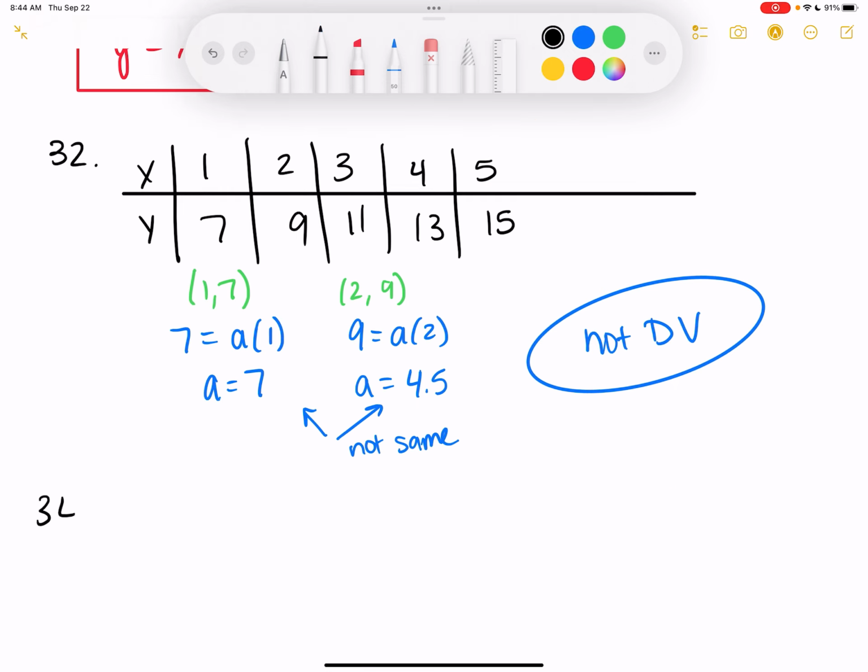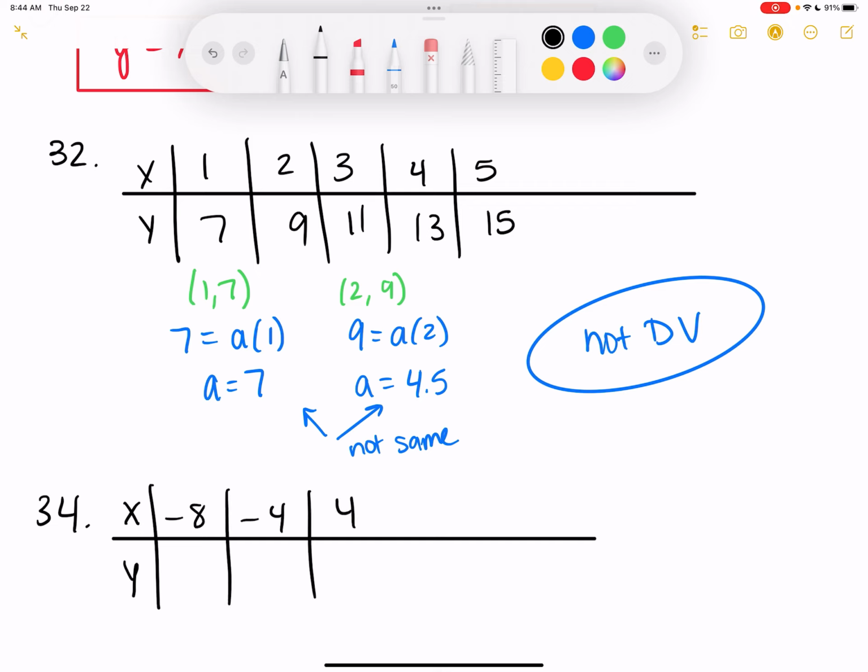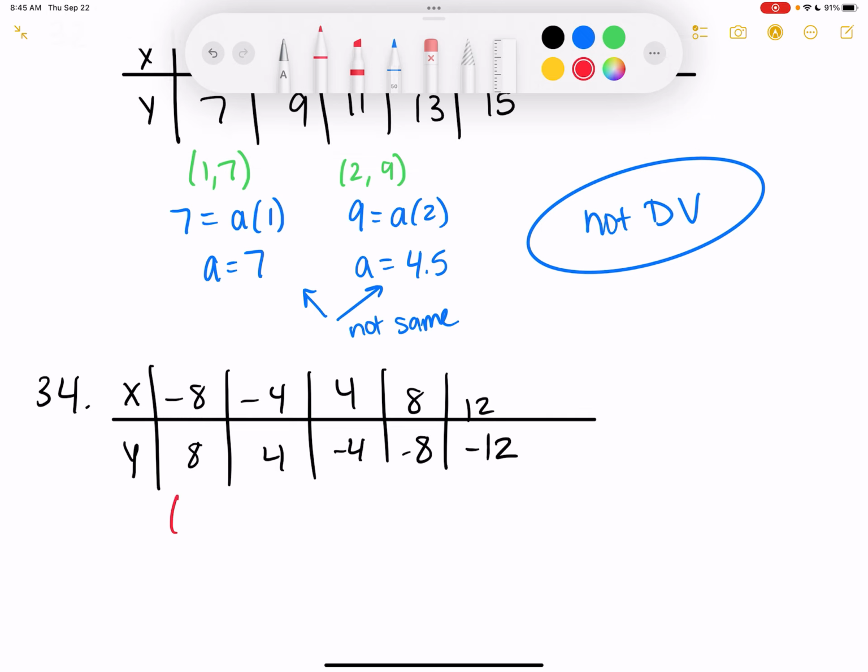So then let's look at one more of these. Alright, so I've got -8 and 8, and then I'll check -4 for.